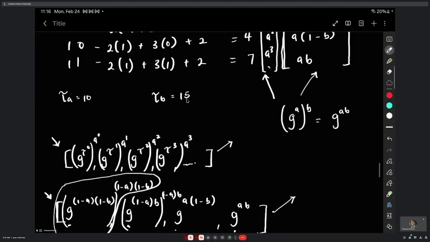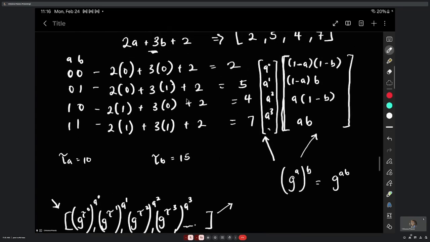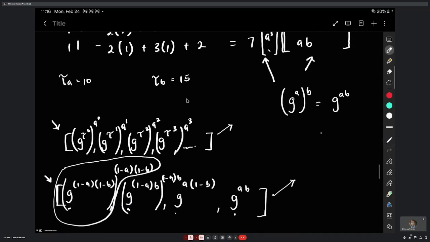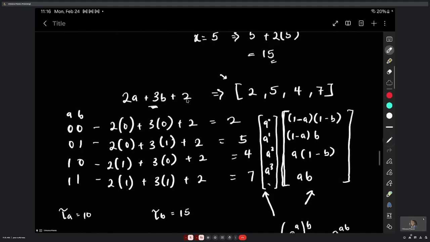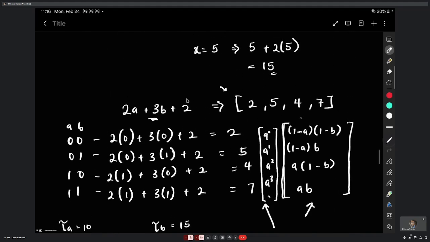What we're trying to do is to generate this array. And this array is just going to be an array of single field elements. Right?